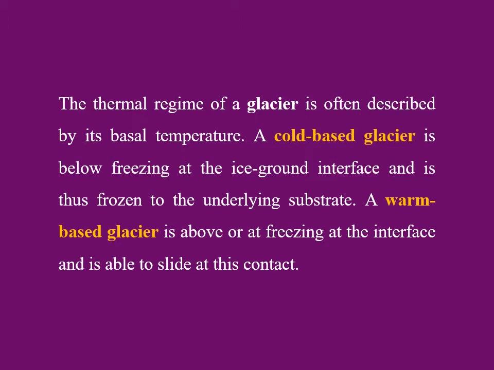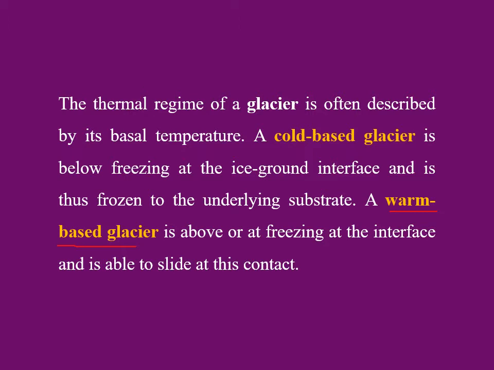The first one is known as cold based glacier, and the other type is known as warm based glacier or warm glacier. Now, in warm glaciers, the temperature is very close to the pressure melting point.